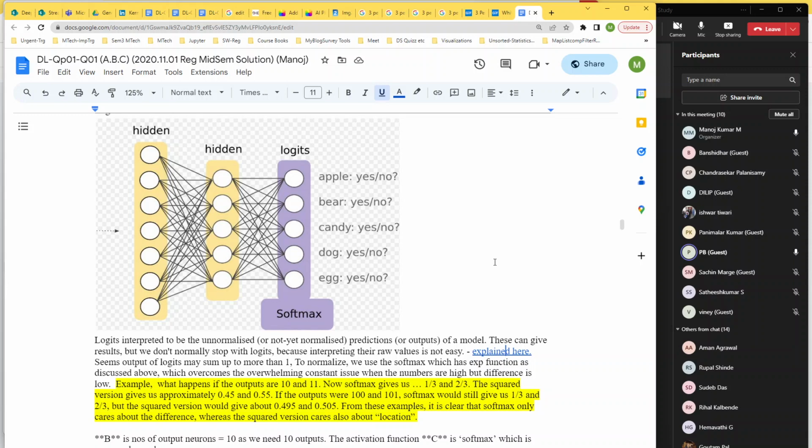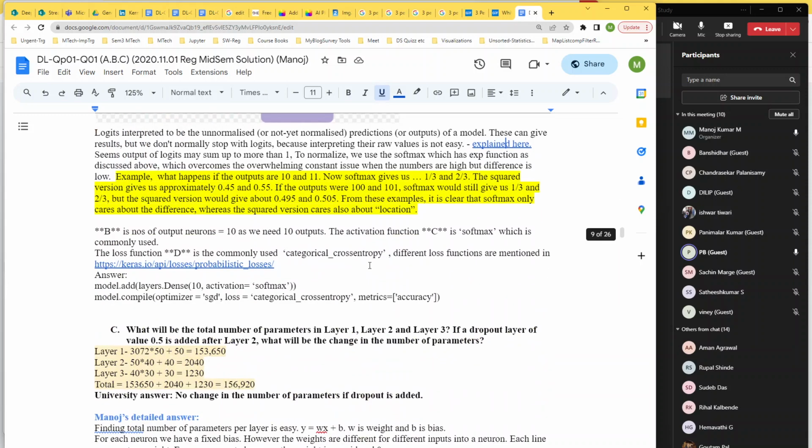But how you will convert it into a probabilistic range is how the softmax acts on it. It will take those numbers and raise them to the exponent. The exponent is a constant, something like 2.7134, something like that, right?